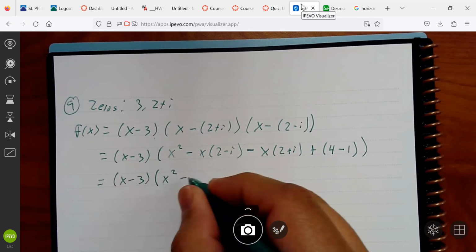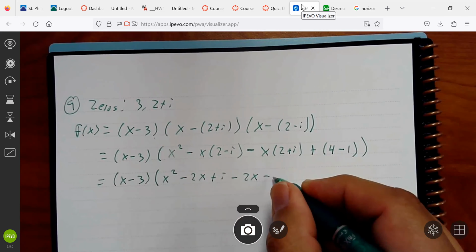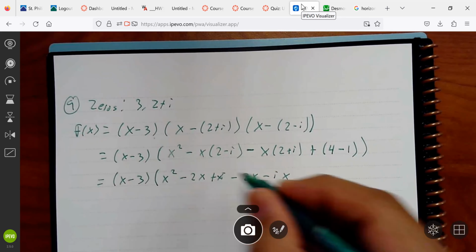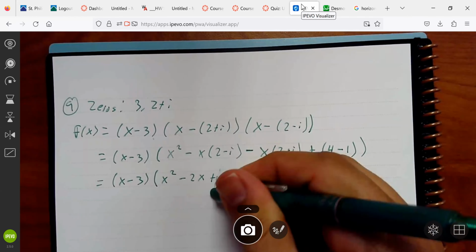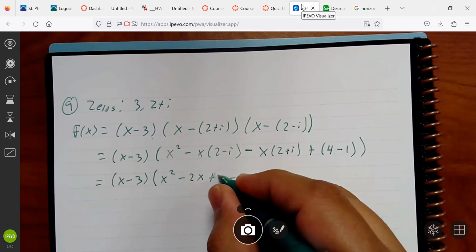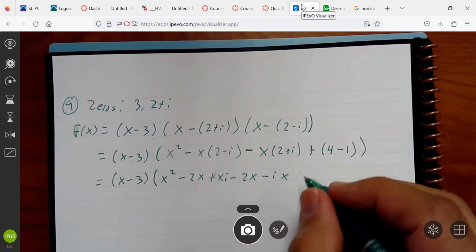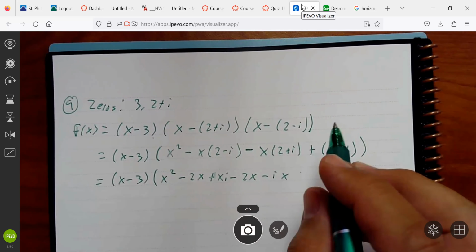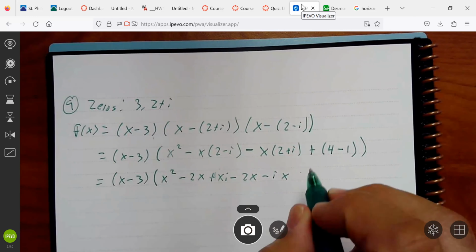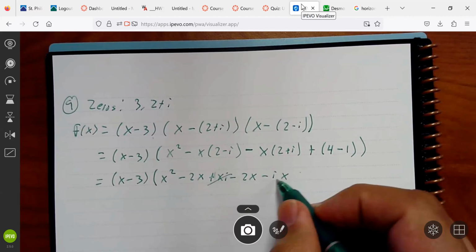Distribute this. Minus minus, this should be a plus. This should be minus. This should be plus, minus, minus. So the i components will cancel.